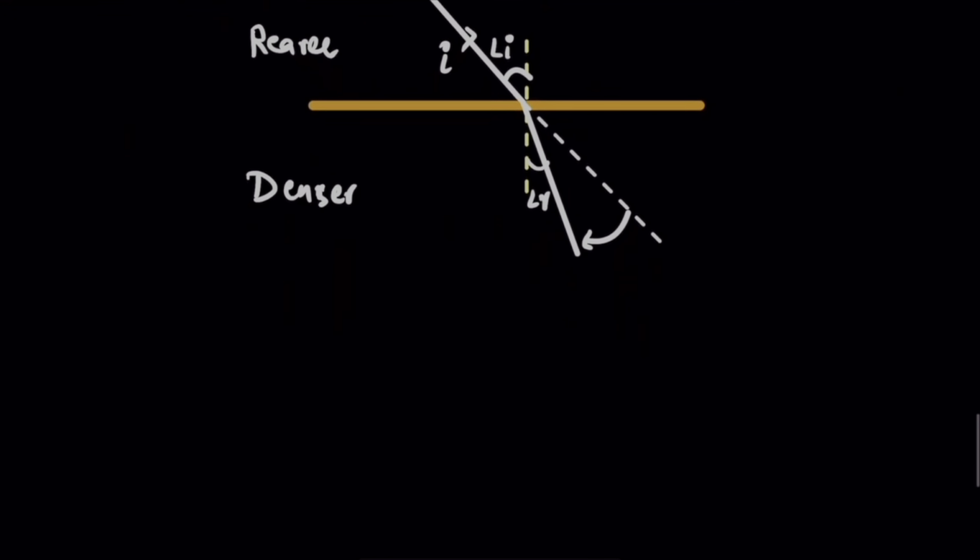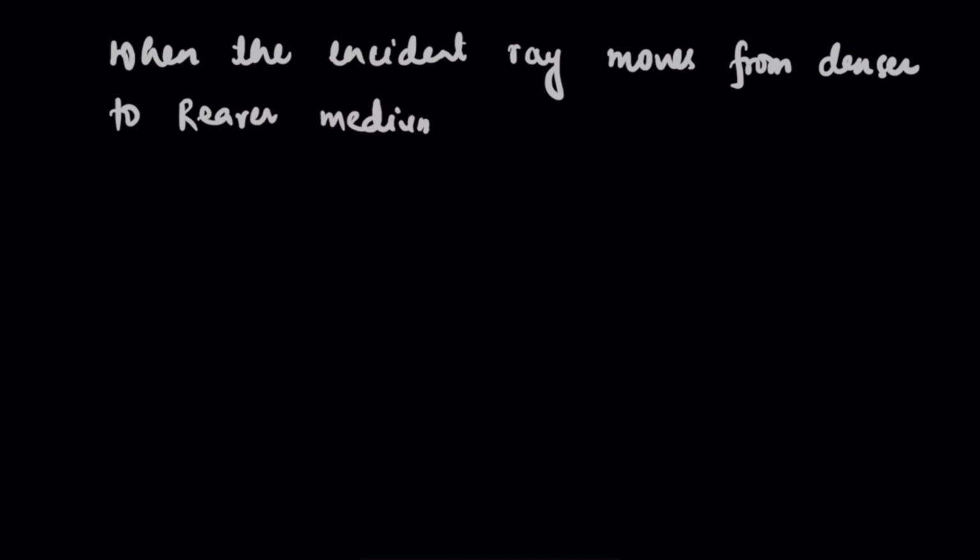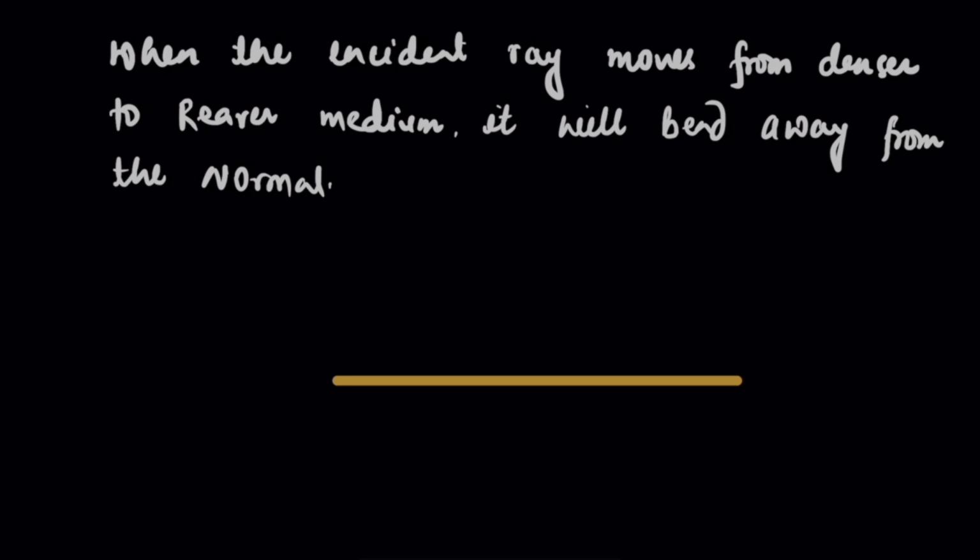Similarly, if we take denser to rarer medium, when the incident ray moves from denser to rarer medium, it will bend away from the normal. Refracting surface, this is the incident ray and here is the normal.